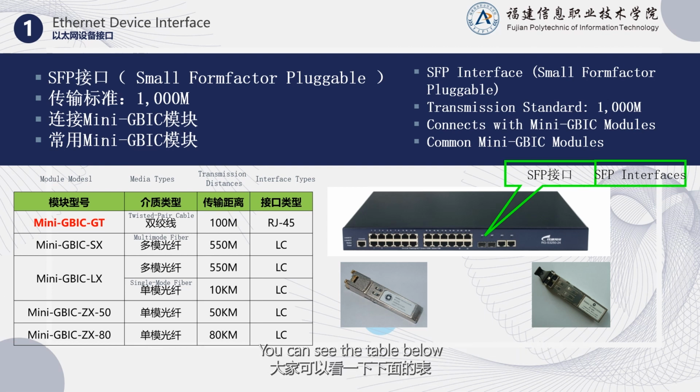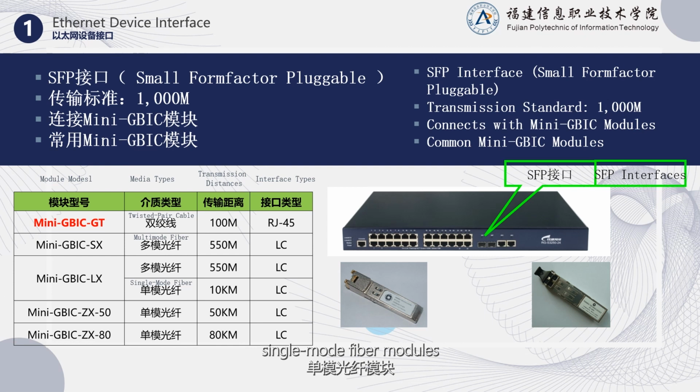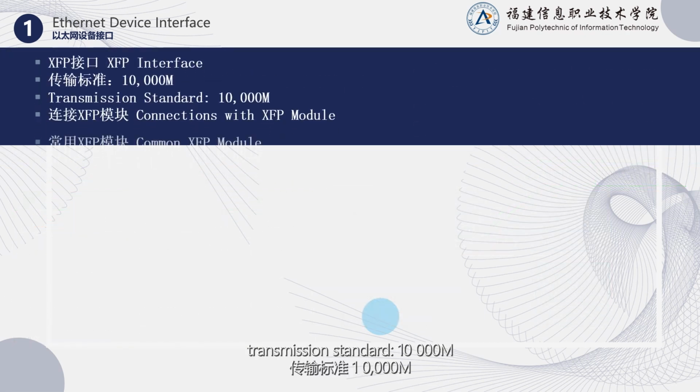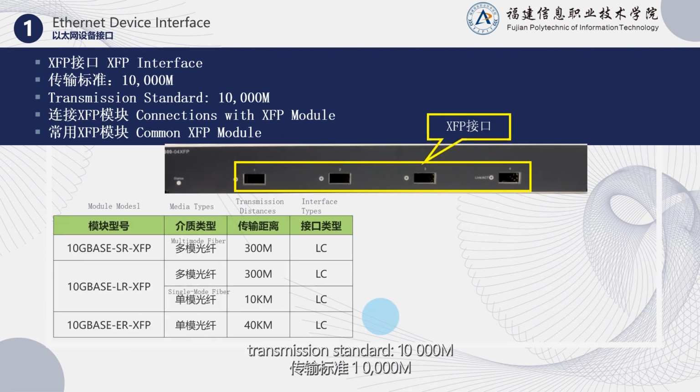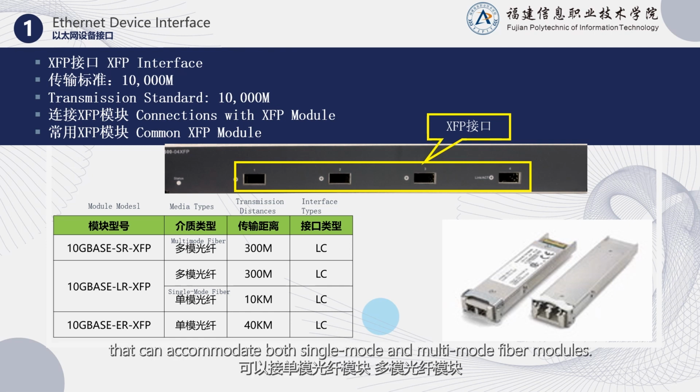You can see the table below, which shows that the interface can support twisted pair modules, single-mode fiber modules, and multi-mode fiber modules. XFP interface, transmission standard 10,000 M. Connects XFP modules. It is an optical fiber interface module that can accommodate both single-mode and multi-mode fiber modules.